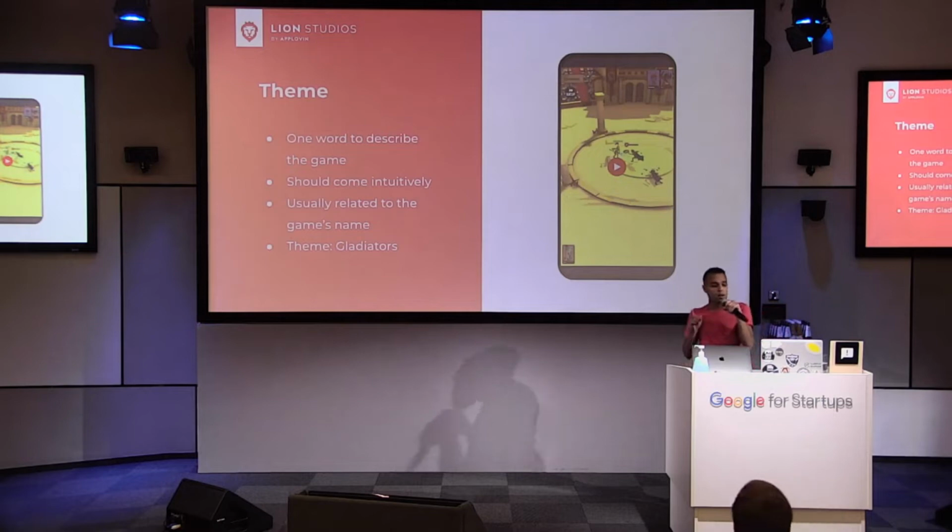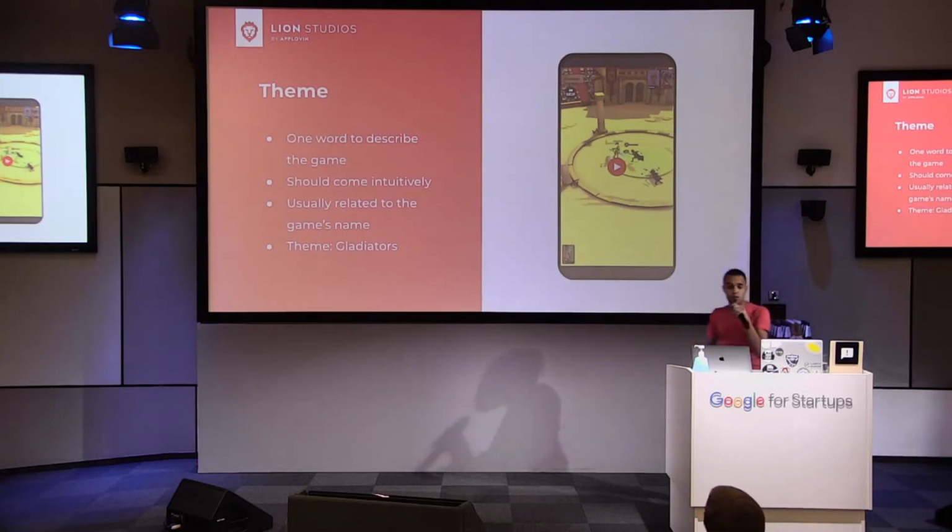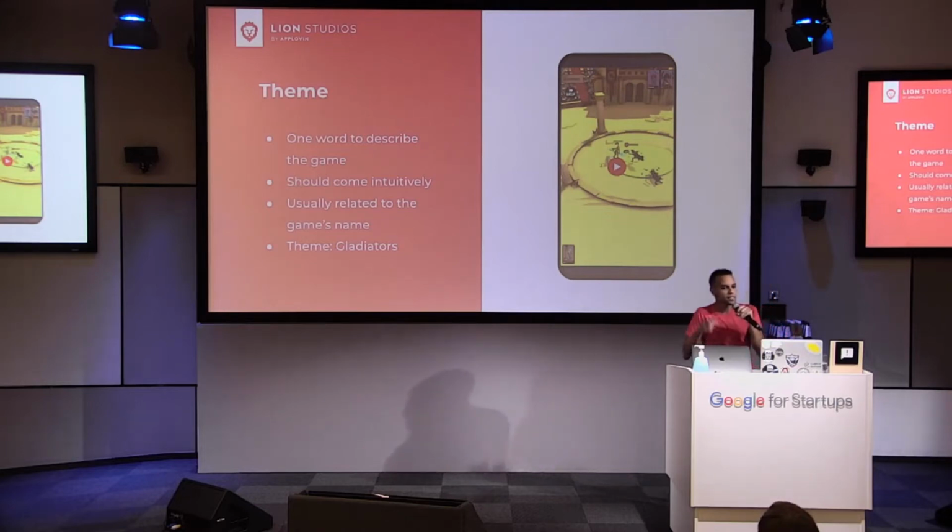Basically, one word to describe the team. When you see the creative, it should come to your mind within the first 3 seconds, and it should come intuitively. Usually, we tend to have the team related to the game's name. This game is called Gladiators in Position.